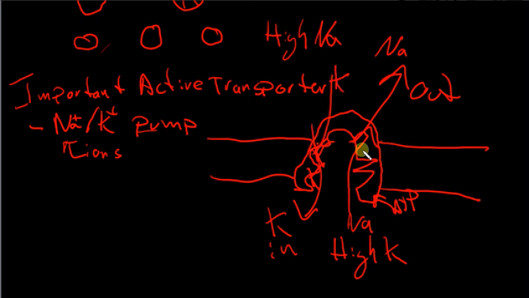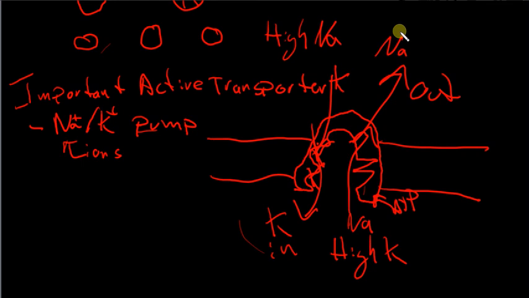So it's going to push sodium out of your cell and potassium into your cell against their concentration. There's already a lot of potassium inside of your cell, but this pump is going to push even more into your cell. Already a lot of sodium on the outside of the cell, but this pump is going to push even more out of your cell.